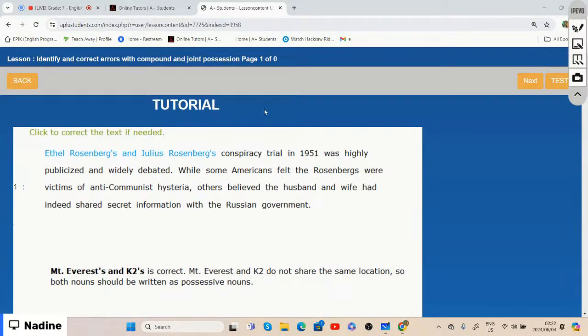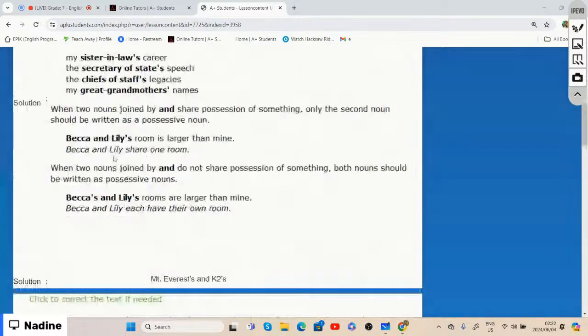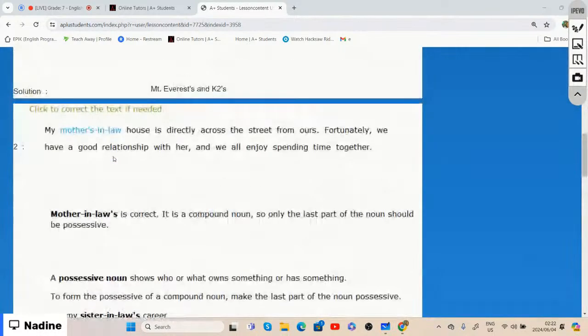They're just saying click to correct the text if needed. So they're not giving us the answer, or at least a possible answer.